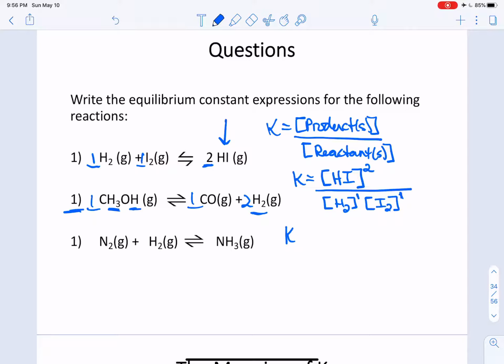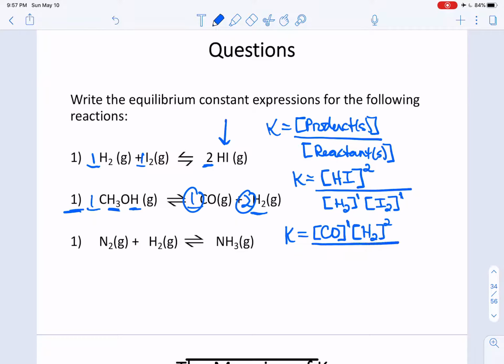Okay, so good. We've balanced that, and that means that there's a higher chance that we'll write the equilibrium constant expression correctly. Okay, so K equals, and we've got to remember we've got products on the top. Kind of backwards from what we would think. So we have carbon monoxide, and the coefficient there is 1, so you can write it up here, or you do not have to. And then we have the concentration of hydrogen gas raised to what power? 2, because the 2 is right there.